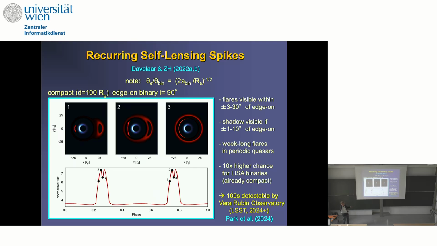I should emphasize this sounds very exotic and very rare, but it's not. For the current candidates in the optical survey, the alignment has to be within a few degrees. For LSST or LISA, much more compact binaries, it's okay to align to tens of degrees. So it's not super rare.